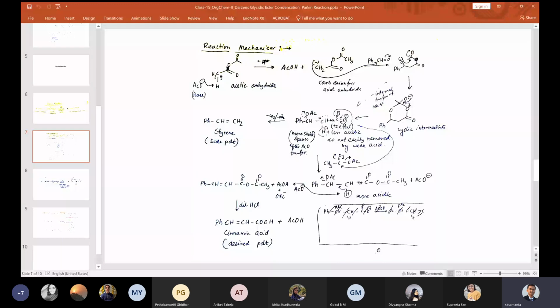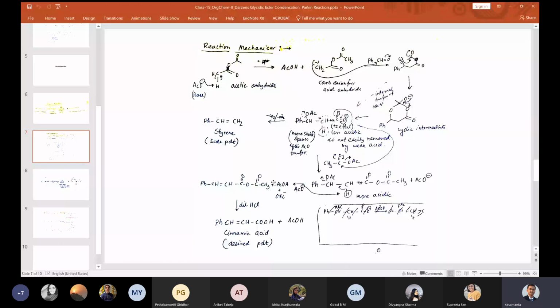But the moment this O negative charge attacks this anhydride and forms this kind of anhydride here, this proton becomes more acidic because this becomes electron withdrawing in nature. So the OAc minus, which is coming from here or here, picks up this proton, this bond comes, here you have one OAc, this leaves. So basically you get this compound.